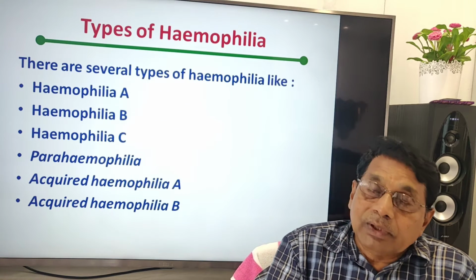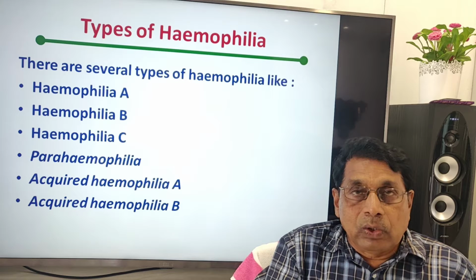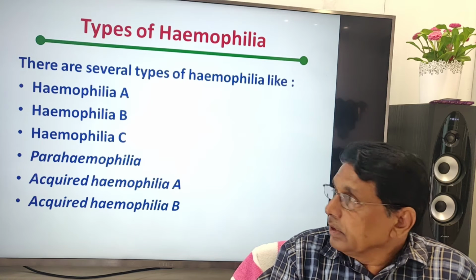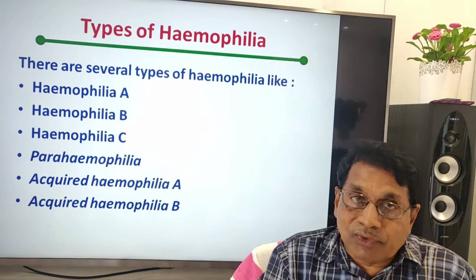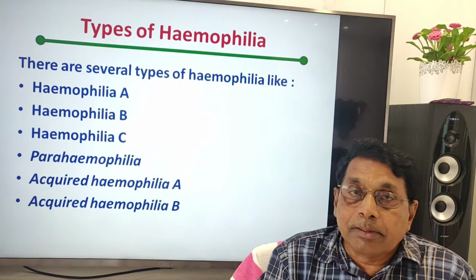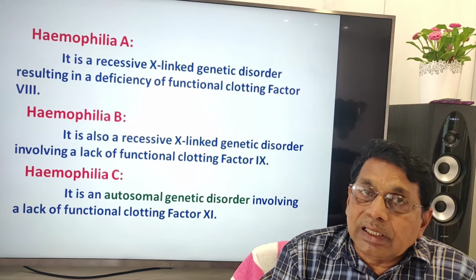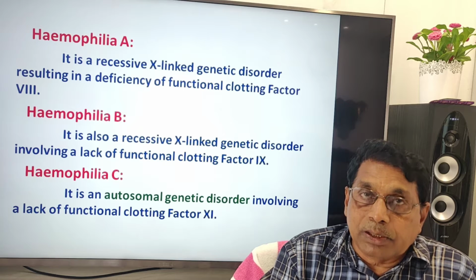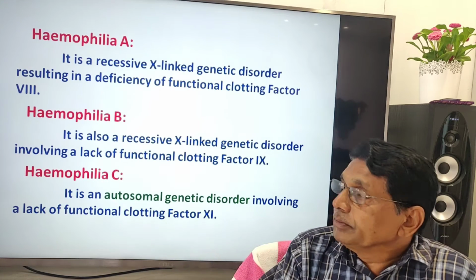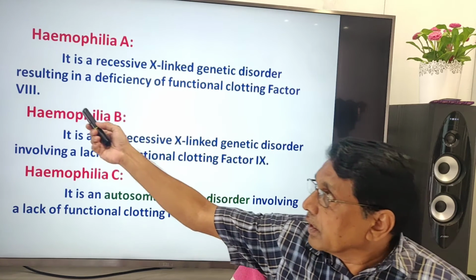Then, types of haemophilia. Scientific studies have revealed several types of haemophilia, with no blood clotting: Haemophilia A, Haemophilia B, Haemophilia C, Parahaemophilia, acquired Haemophilia A, acquired Haemophilia B. Haemophilia A is a recessive sex-linked genetic disorder resulting in deficiency of functional clotting factor VIII.